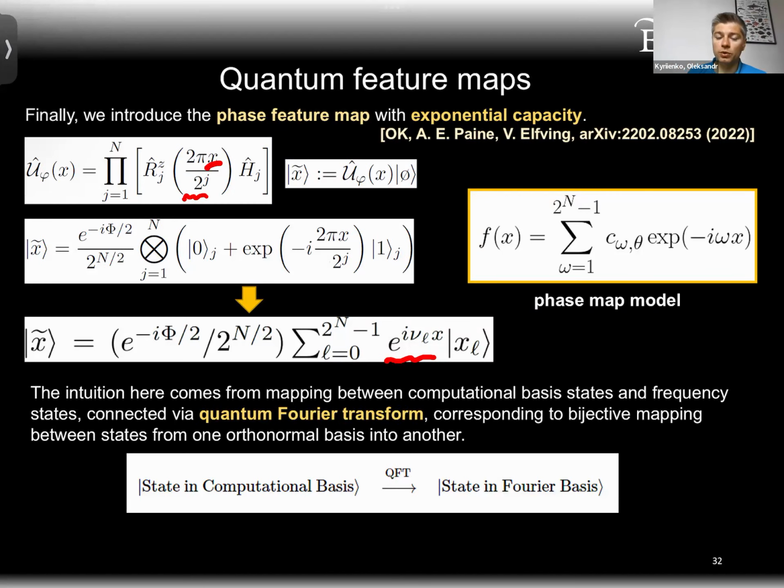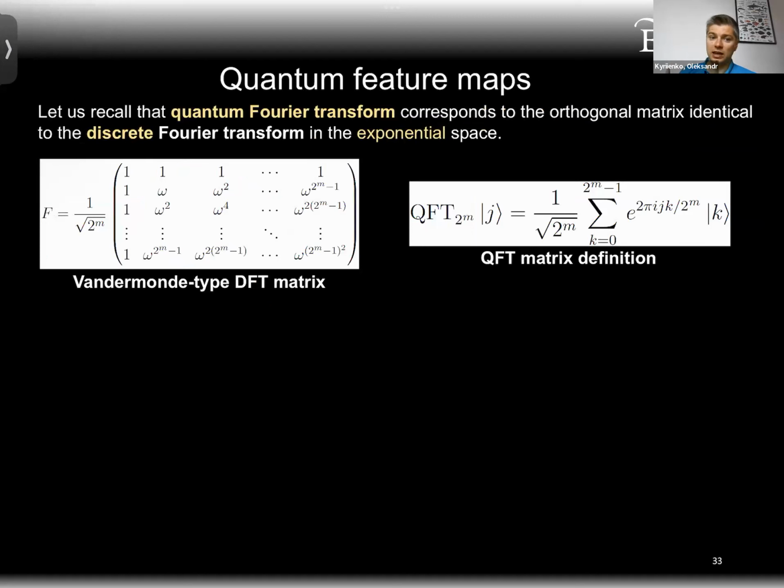Now, what I want to do is take those states labeled by frequencies and go into the computational basis state. We know that there is a quantum Fourier transform that can map basis states to frequency states, and I just want to go the other way around. This mapping is performed by the discrete Fourier transform matrix or quantum Fourier transform circuit.